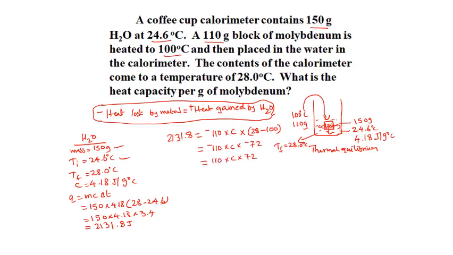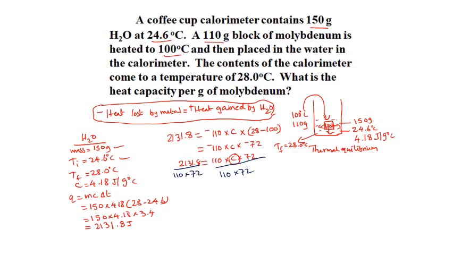So now we can rearrange to isolate the C here. So on both sides, we can divide by 110 times 72. This side also 110 times 72.